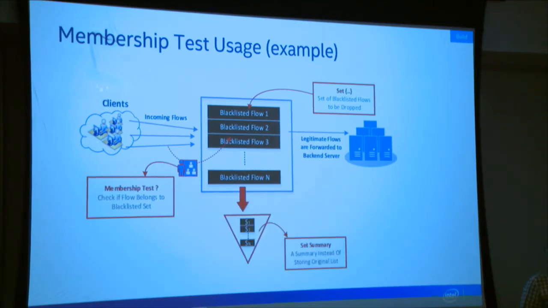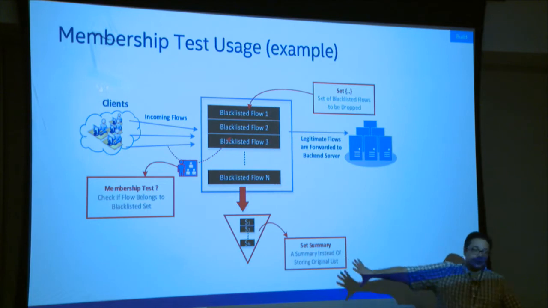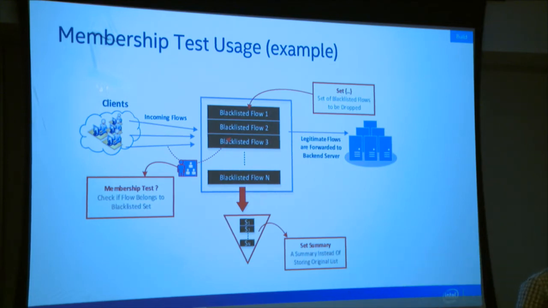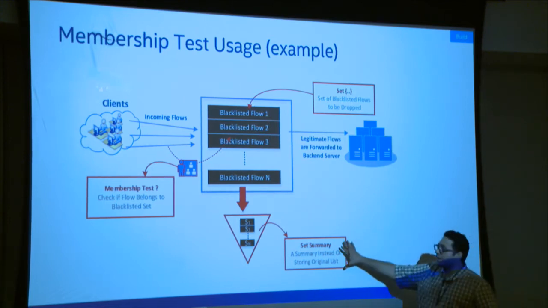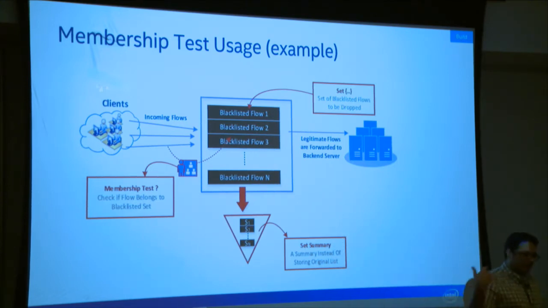So what this library is providing is a data structure, what we call a SetSummary. And the whole idea is, instead of storing this huge list, store a smaller data structure that can perform very similarly to storing the huge set. And I will come to how in a little bit.